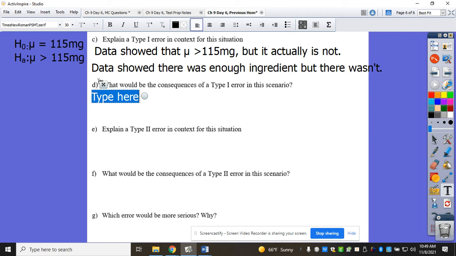So in this case, what is something? So if we told the company, your drug looks good, what's going to happen?